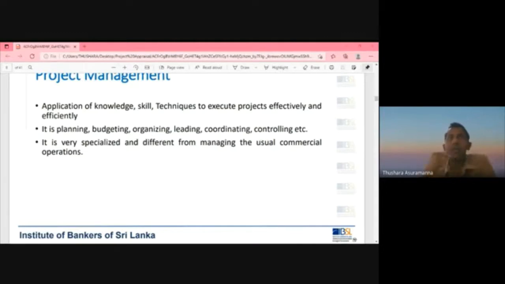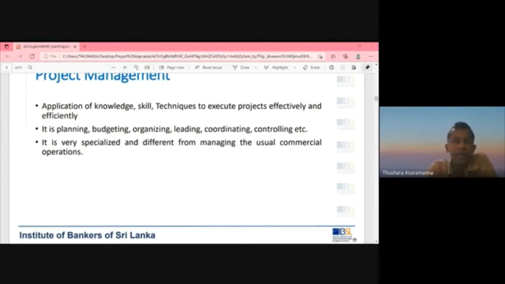It could involve the feasibility study, implementation, post-sanction, pre-sanction supervision, maybe review. So everything has to be included here. That we call the project management exercise. There are separate tools even for project management.